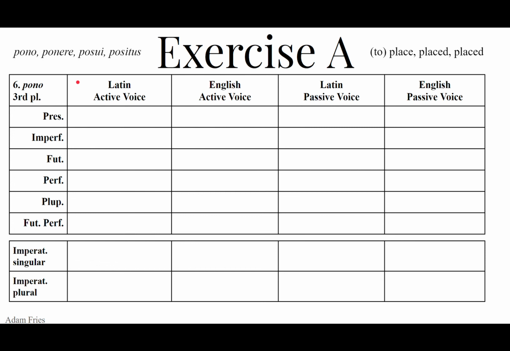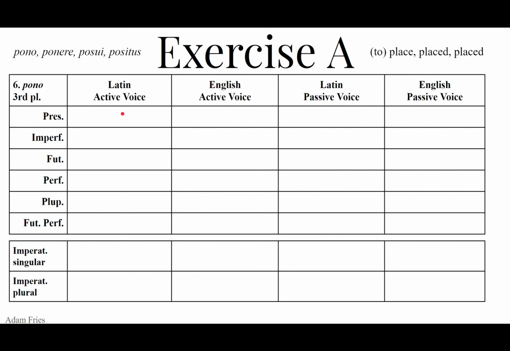So it's a third conjugation verb, pono, ponere, posui, positus. Go to the first principal part and chop off the O, pon, P-O-N, and write pon as the stem for the present, imperfect, future, active and passive voice. Now for the present tense, you're going to add the letter U between the stem pon and the unt.